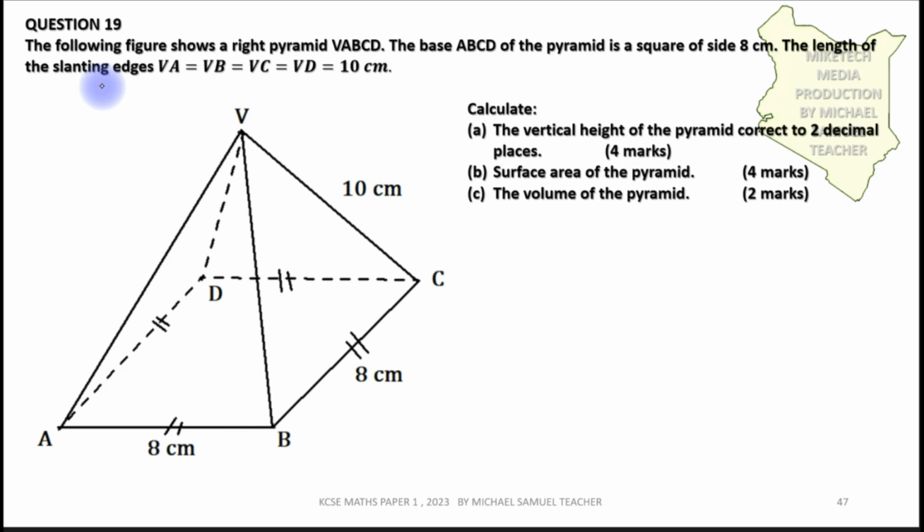The length of the slanting edges VA, VB, VC, VD is 10 cm. Calculate part A, the vertical height of the pyramid correct to 2 decimal places. Part B, the surface area of the pyramid. And part C, the volume of the pyramid.